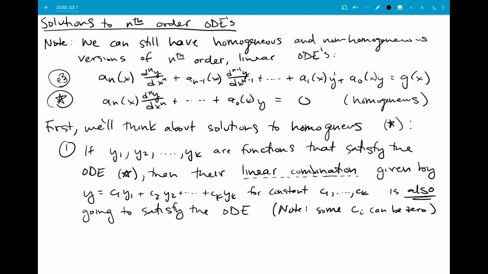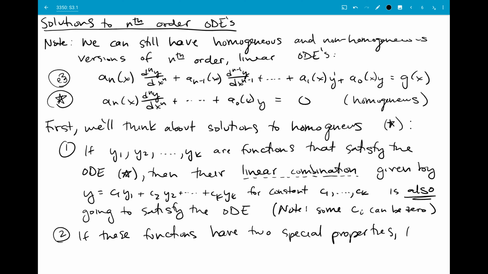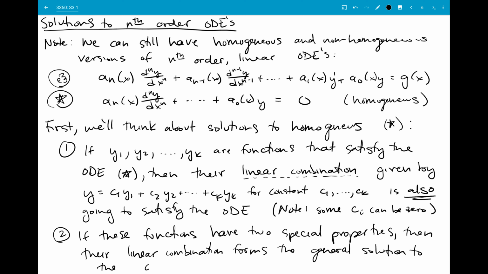And then if these functions have two special properties, then their linear combination forms the general solution to the differential equation we're thinking about.